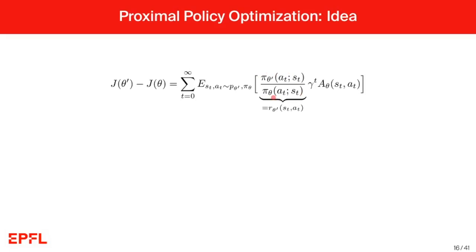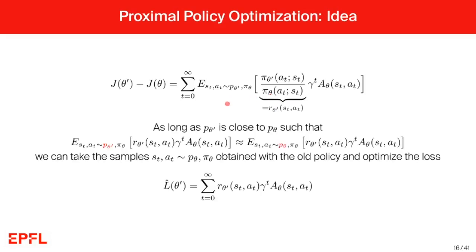And I introduced the abbreviation of this ratio here and just call it r theta prime, because we're going to use this ratio multiple times afterwards. So this is r theta prime, even though it also depends on theta here.